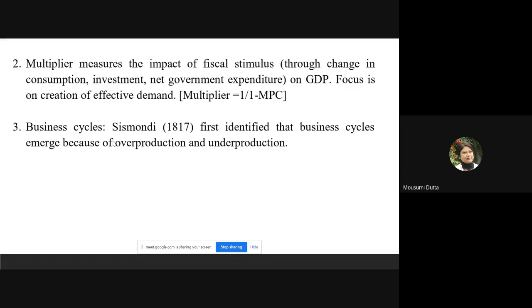The value is 1 by 1 minus b, your MPC, where b is greater than 0 and less than 1. So if MPC is half, 1 minus half is half, so the multiplier is 2.